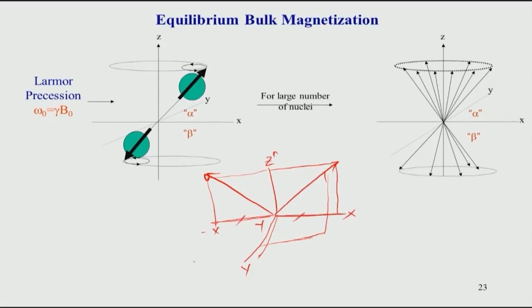They cancel each other and there is no net component in the x axis. So, we can say that the x component is equal to 0. Similarly, if you look at the y component of some other pair of nuclei, some pointing here, some pointing here, again in the y axis they cancel each other and the y component also becomes equal to 0.